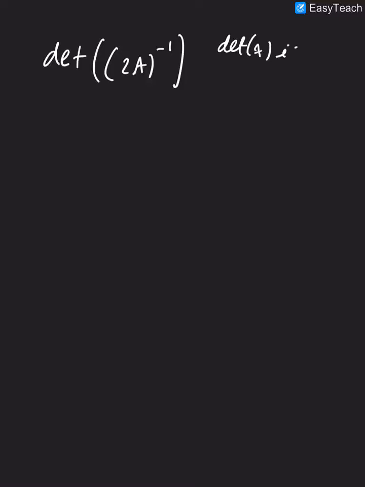But if I was a professor, I would give this tricky question. What is the determinant of 2 times A inverse? And let's see. So the determinant of A is still a 3 by 3, and that determinant of A is equal to positive 7.